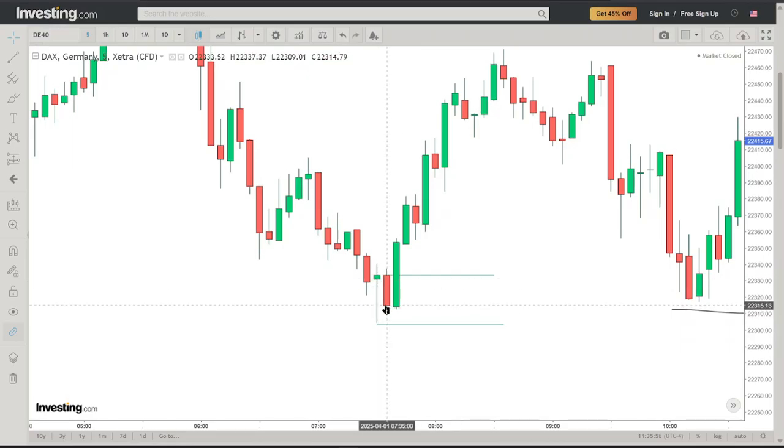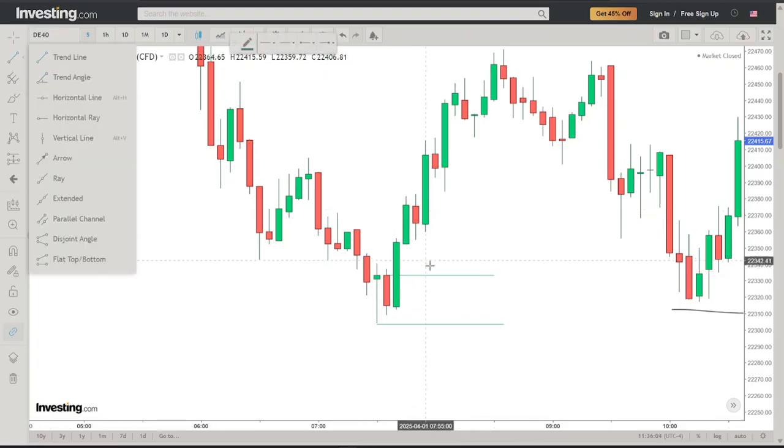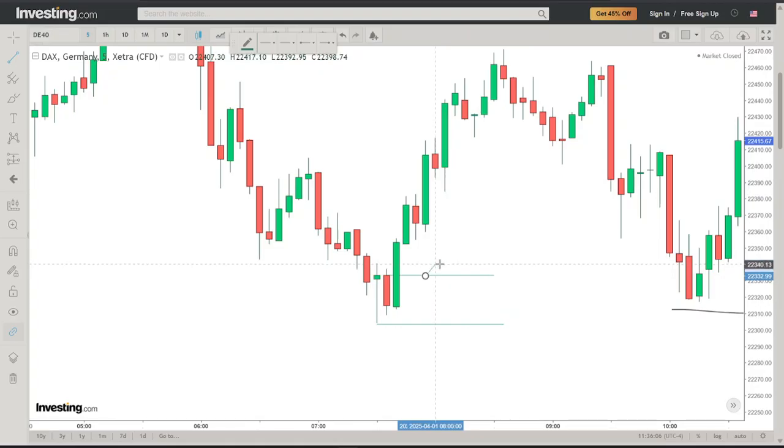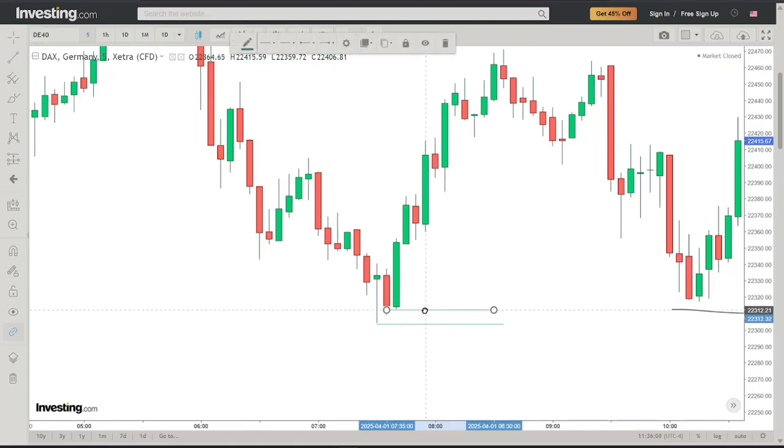So the red is the lowest one, and we have the top here. And actually this line should be, one second, this line should be here.